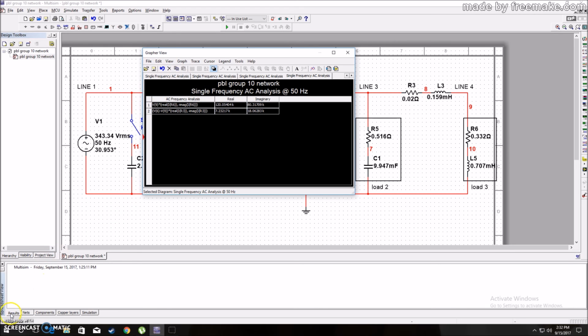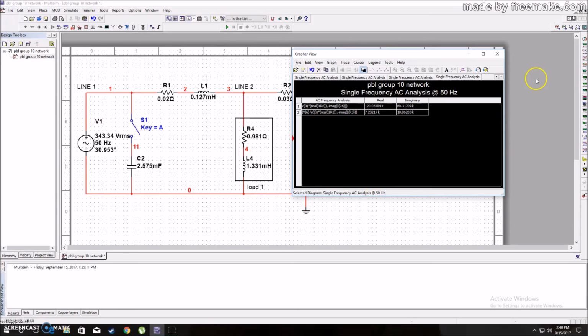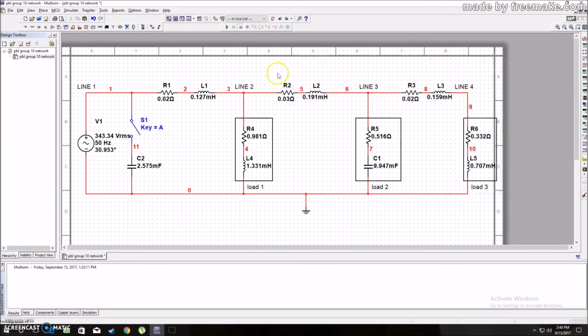Okay, so next I'm going to explain a little bit about the power factor correction step. So during power factor correction, for example, the system had been improved to the 0.98 lagging power factor.